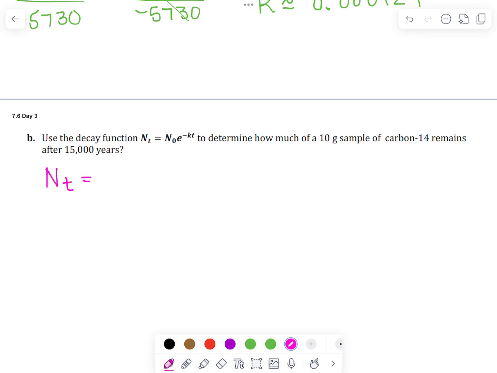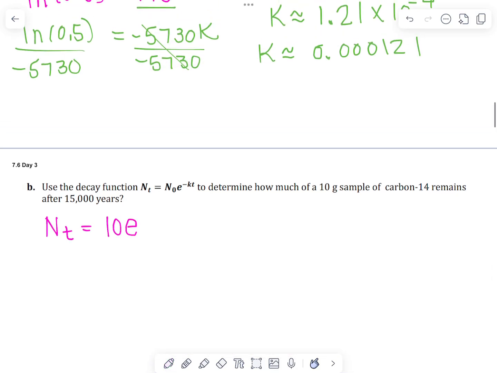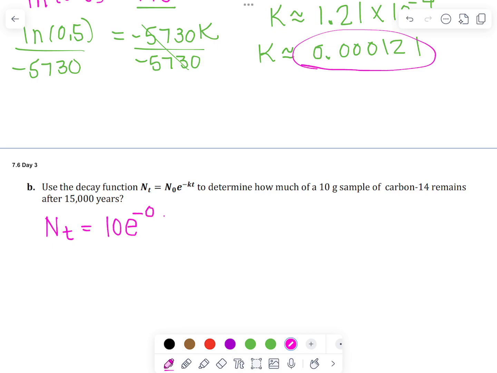That initial amount was 10 grams times e, and we now substitute our K from above into our formula: negative 0.0000121 t. So this is now our function for the problem. Now it's asking us to make a prediction. After 15,000 years, how much will be left?